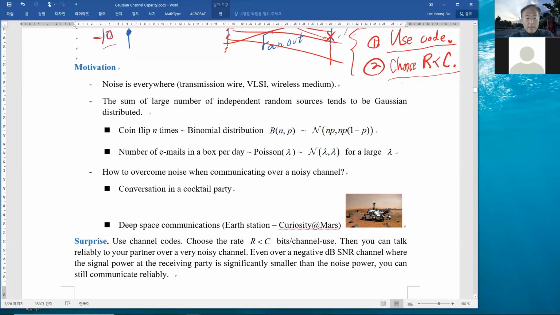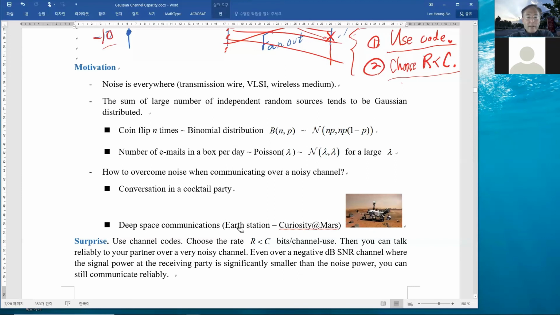It is a limited resource, so it has to rely on battery power, so the signal power can be small even at the transmitter antenna located at Curiosity. And by the time it arrives at the Earth station, the signal power at the Earth station antenna will be very, very small.